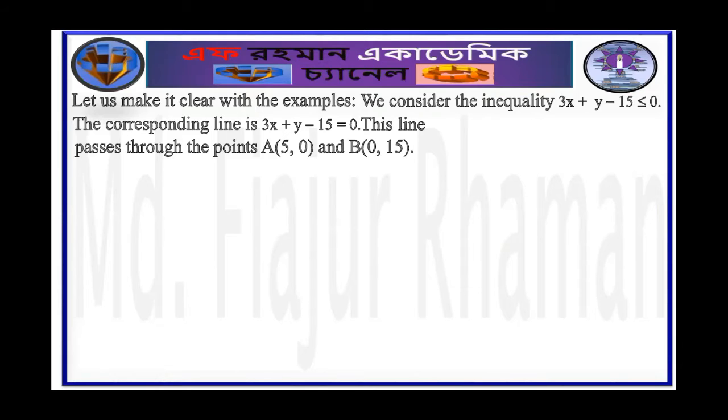If you put y equal to 0, then you will get x equal to 5. Then one point is (5, 0), so it is denoted by A. And if you put x equal to 0, then we will get y equal to 15. And the another point is (0, 15), which is represented by the point B.